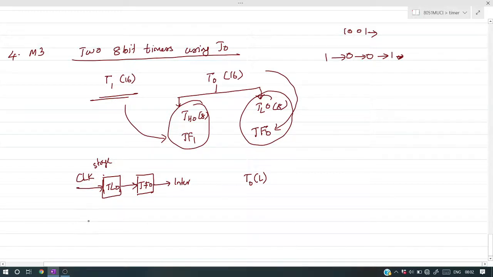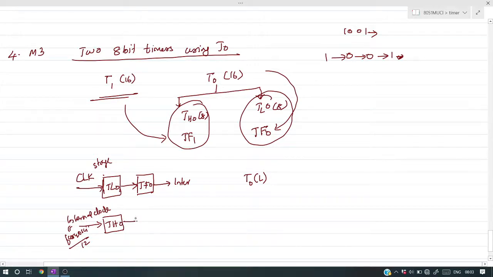Next one is using the internal clock only. What is the internal clock? It is the crystal oscillator frequency divided by 12. This is given to TH0, so for each clock TH0 is incremented.